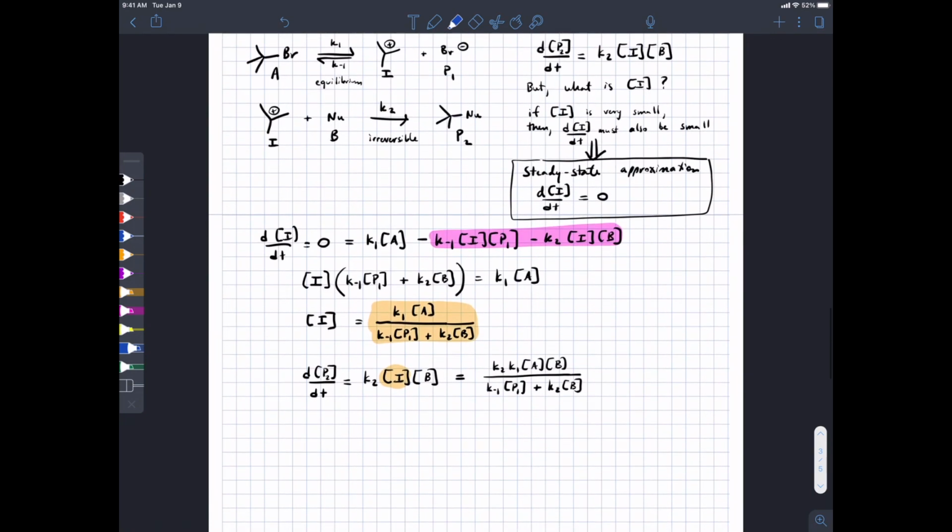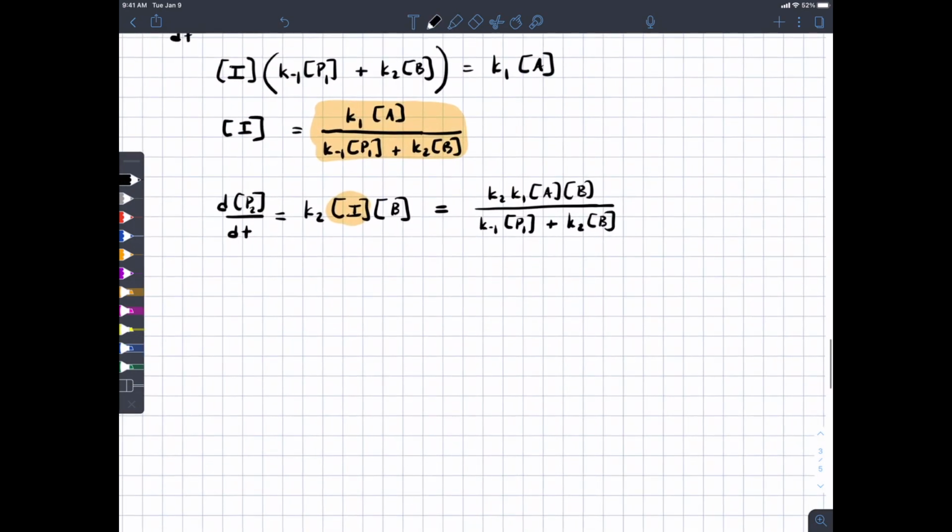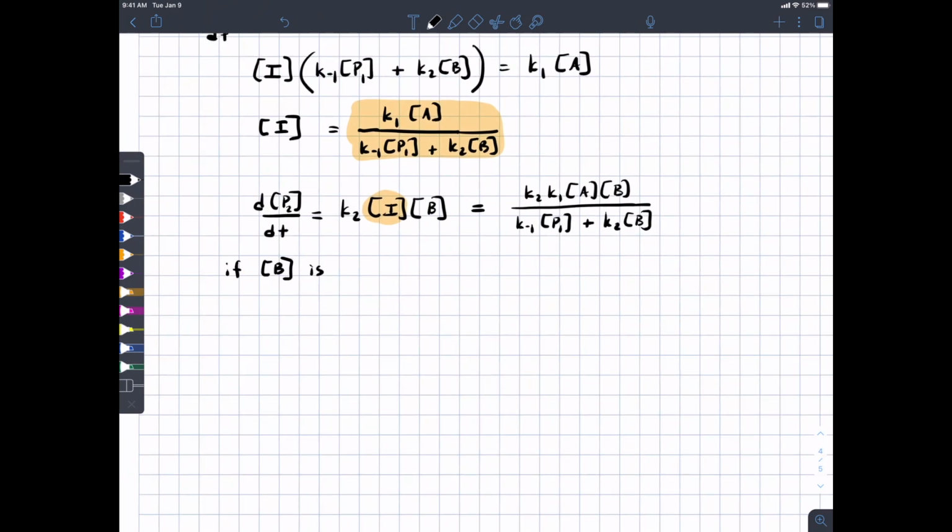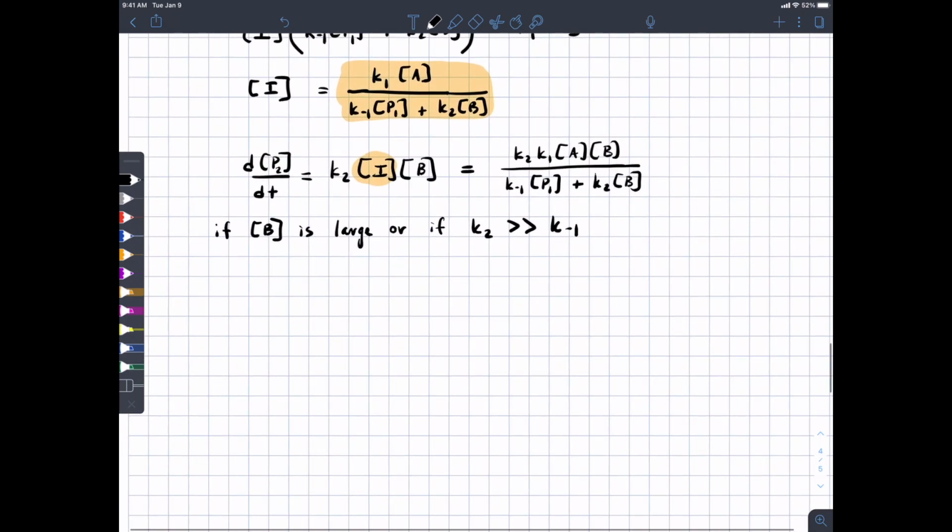Okay, well, if the concentration of B is large, or if K2 as a rate constant is much larger than K minus 1, how does our rate law change?